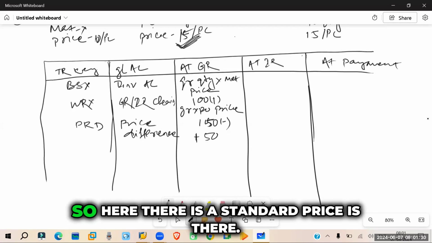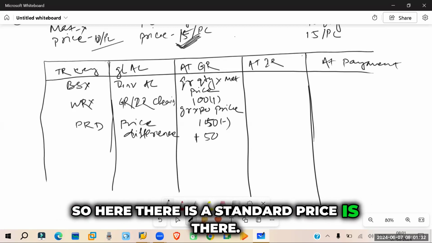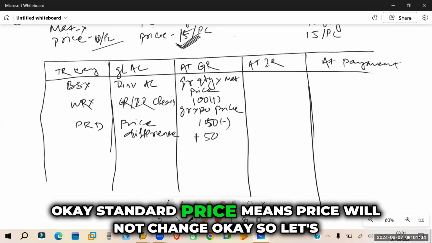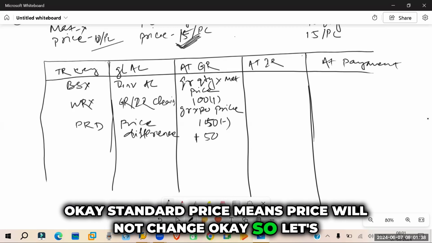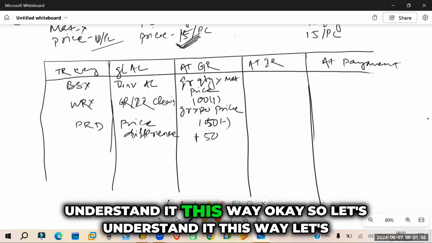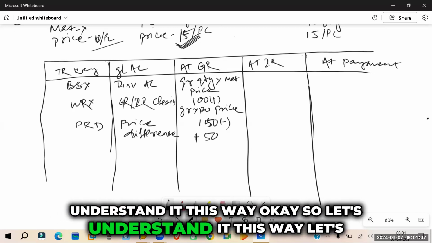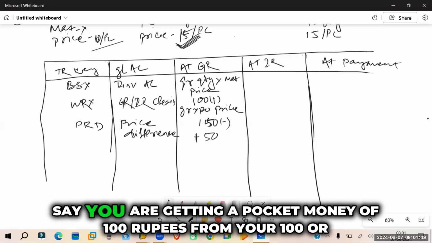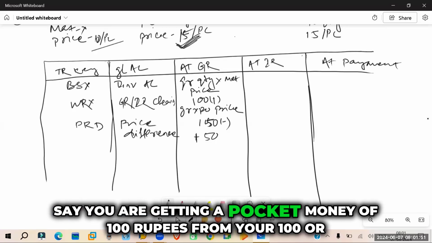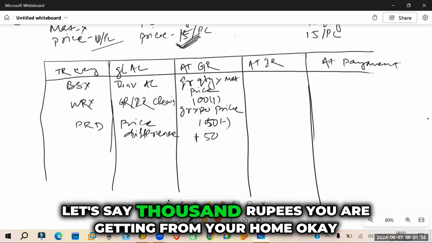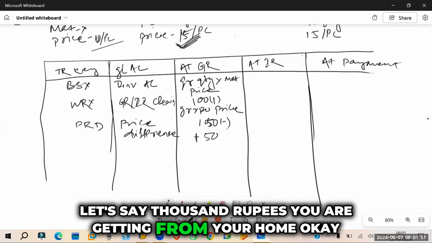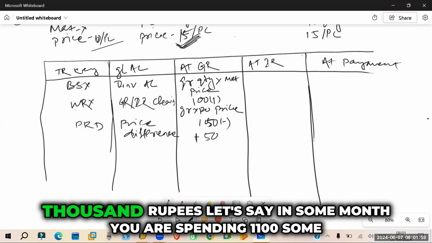Okay. So here there is a standard price. Standard price means the price will not change. Let's understand it this way. Let's say you are getting pocket money of 1000 rupees from your home.